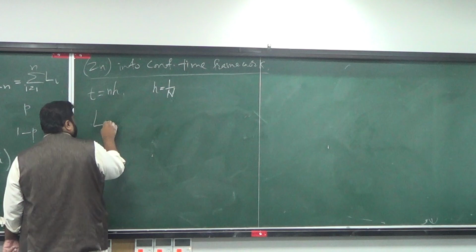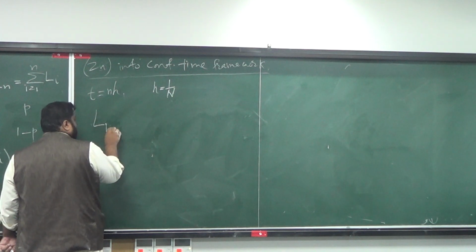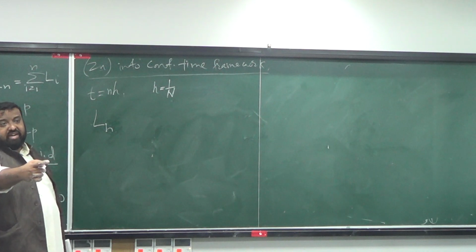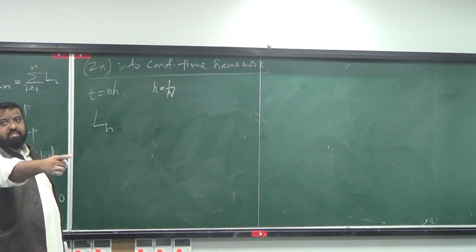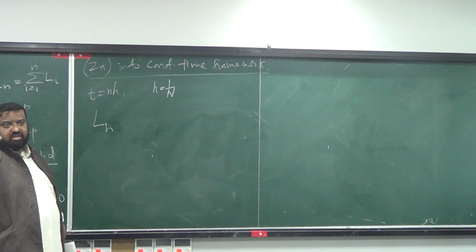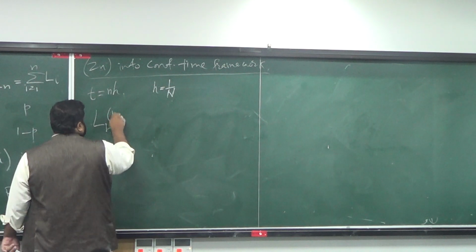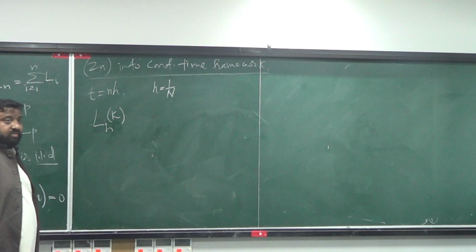Let's denote it L^h. The h is just a reminder that you have divided the entire timeline into subintervals of length h, and I'm evaluating it at, for example, time k.